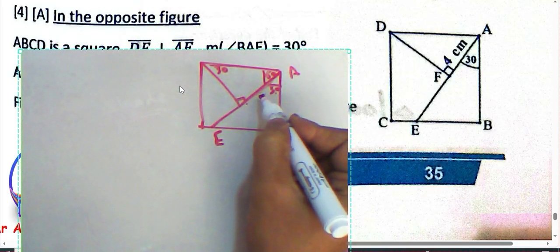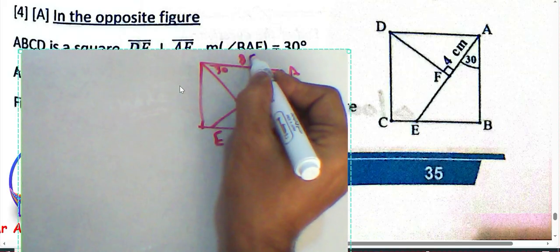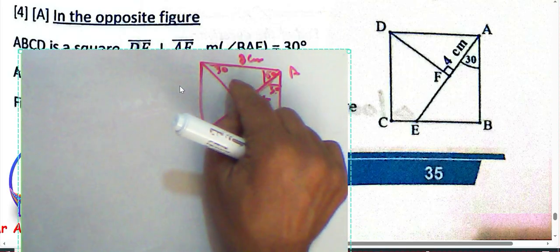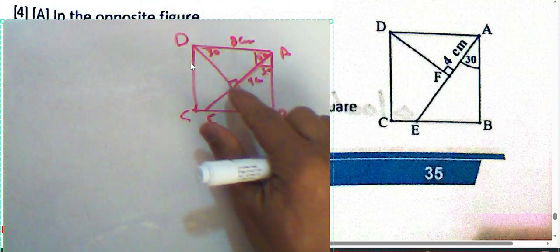This hypotenuse is 4 centimeters, so it will be 8 centimeters. 4 is opposite 30, half of the hypotenuse. Okay, he wants to find the length of what we found now, ED, and the point he wants to find is the length of DF. We can find DF from the Pythagorean theorem.